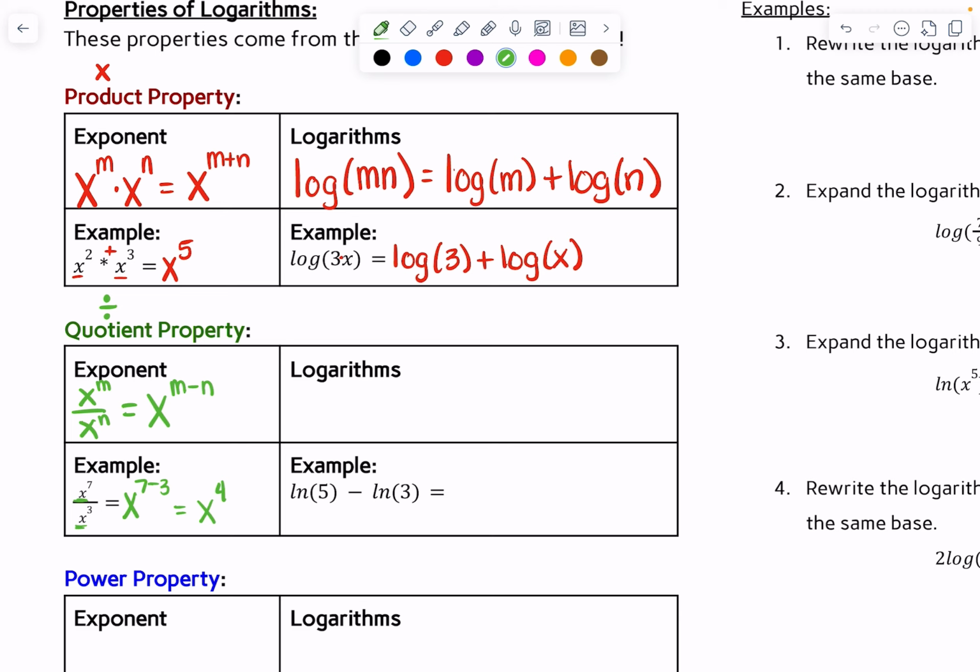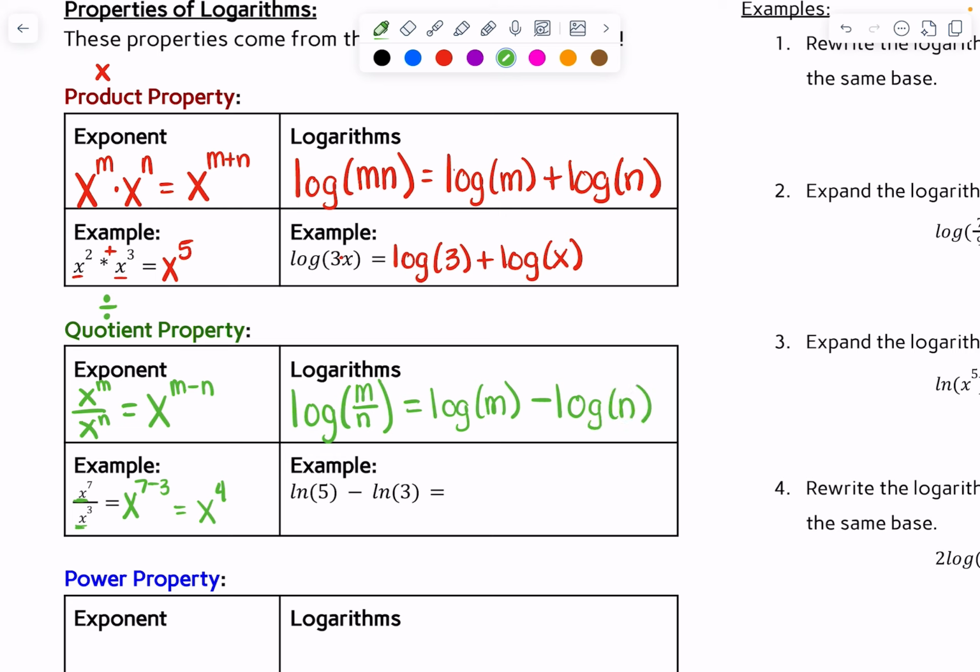Again, our logarithmic property is very similar. If we see division inside of our logarithm, like m divided by n, we can expand that logarithm out to be the log of m, the log of our numerator, minus the log of n, the log of our denominator.